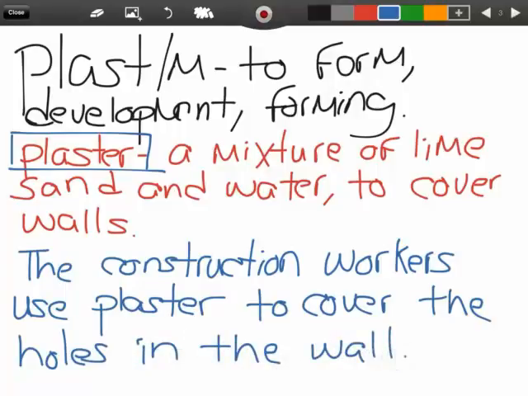I'm going to go ahead and read that to you. The construction workers use plaster to cover the holes in the wall.